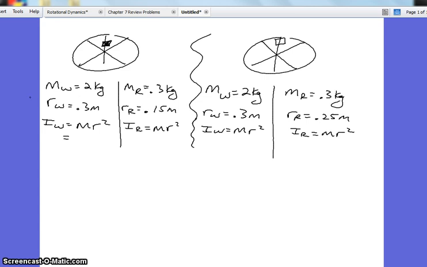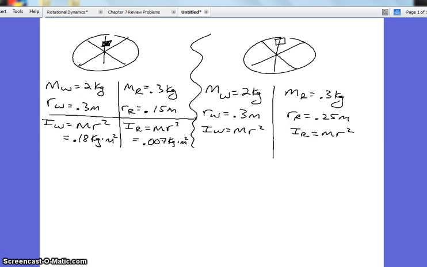If we separate our givens, it makes the calculation easy. 2 times 0.3 squared, we get a moment of inertia of 0.18, and the units are mass, kilograms, times radius, which is meters, squared. We do the same thing here, 0.3 times 0.15 squared, and we get 0.007 kilograms times meter squared.